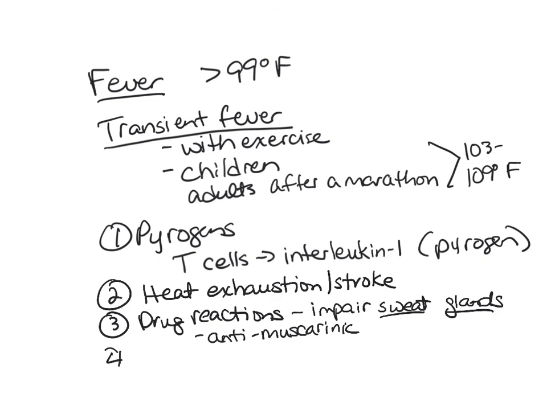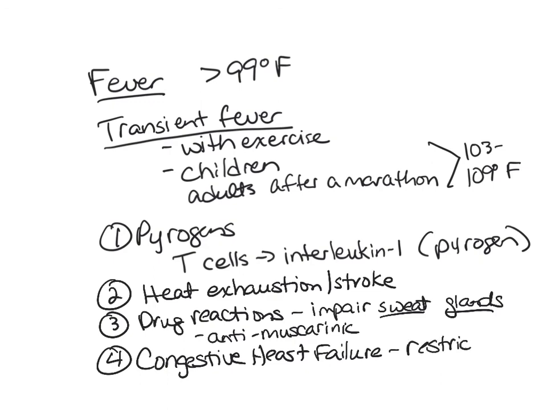Another thing that could cause a fever is congestive heart failure. Congestive heart failure will restrict your blood flow. If you restrict your blood flow, then blood won't move to the skin, and you won't be able to release heat through sweat.